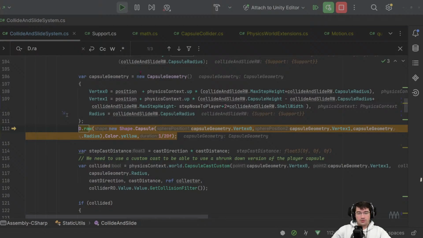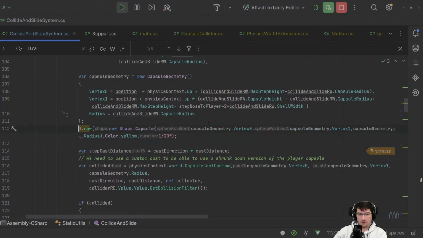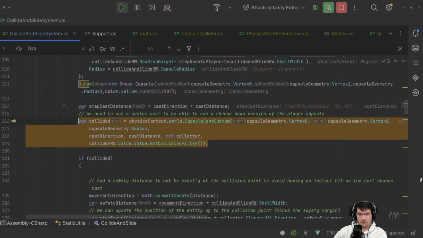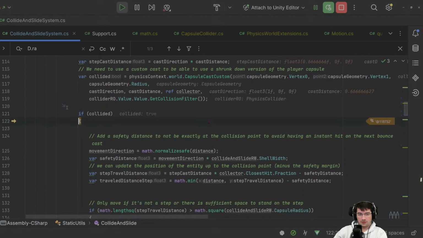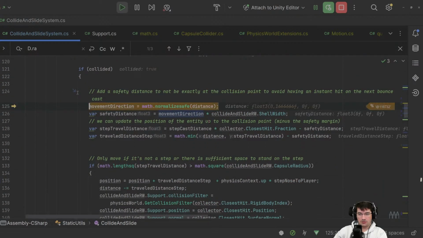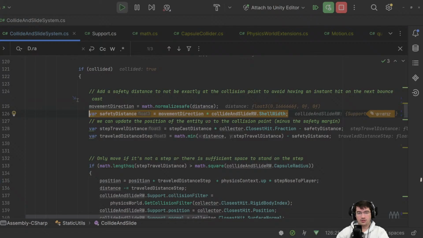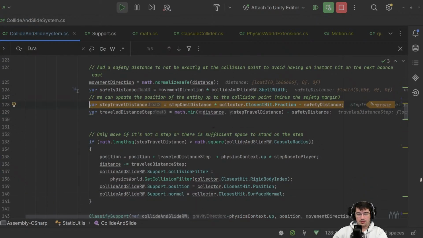And you are not okay with the height. I'm colliding, okay. Colliding with something.